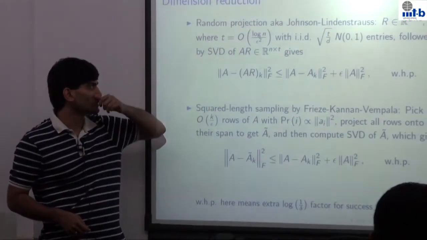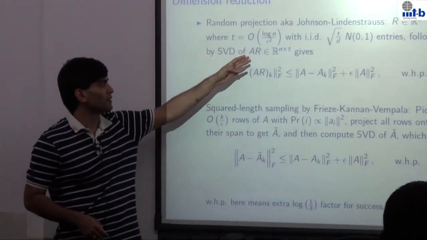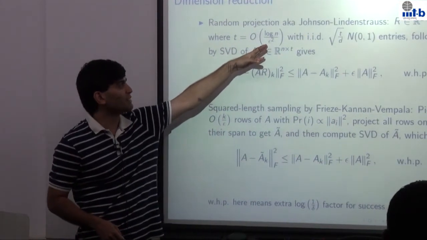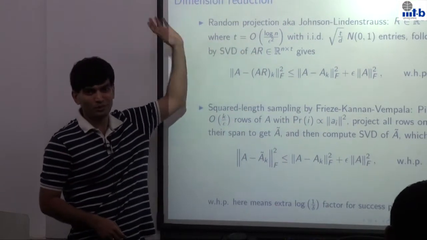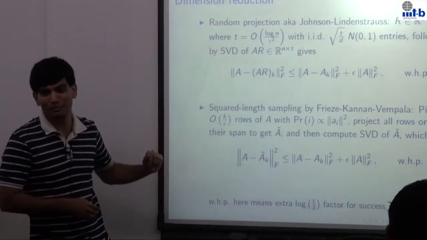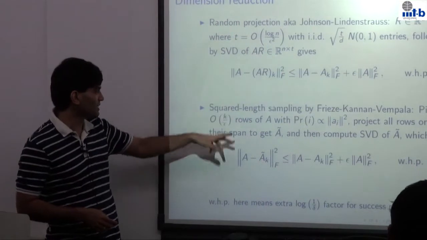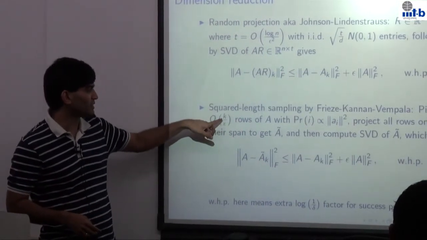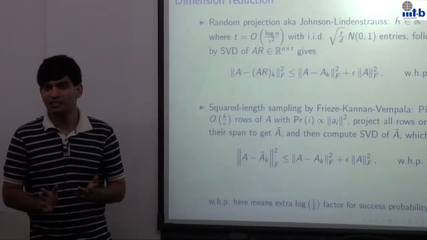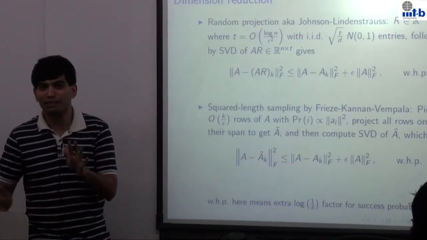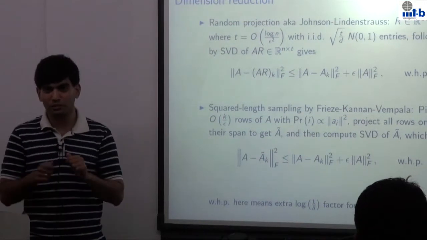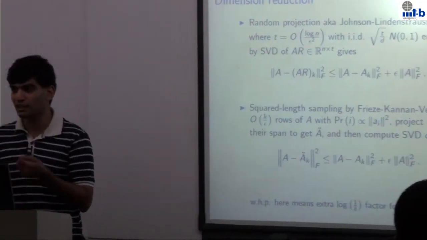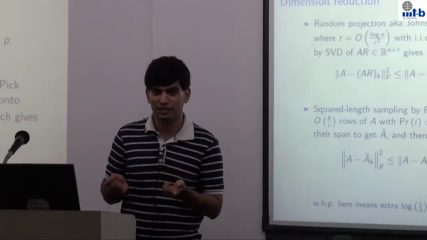So say epsilon is 0.01, then 1 over epsilon squared will be 10 to the 4. It will still be large, right? So there are these two things that help. This is k, so if you want something like a rank 10 approximation or rank 5 approximation, it gives that. And secondly, it actually gives you a subset of rows, which helps in cases like the gene expression data.